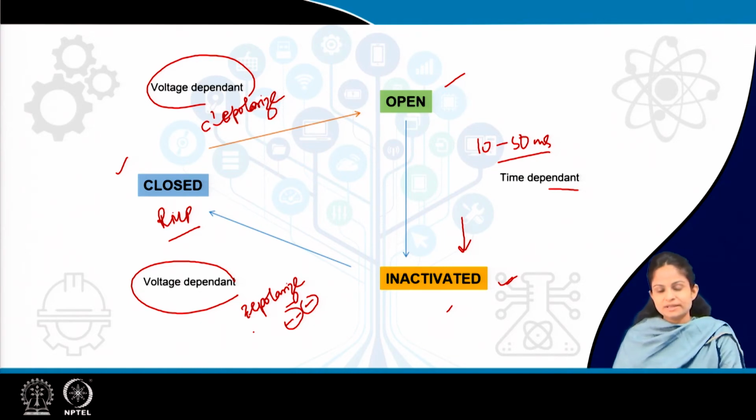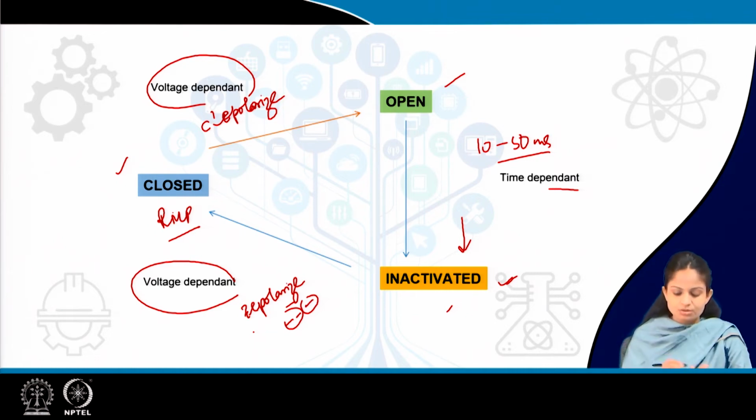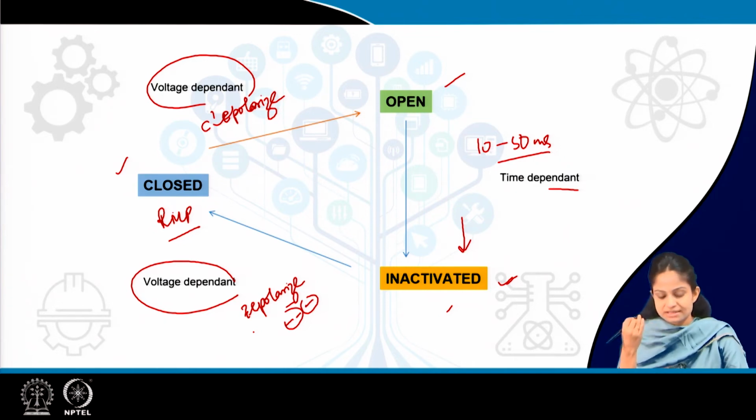So, the channels usually work in 3 states, that is closed state, open state and inactivated state. From closed state to open state, there has to be a depolarization, since it is voltage dependent, that is the membrane potential will rise from negative towards positive. From open state to inactivated state, it is time dependent, it will remain open for 10 to 50 milliseconds.